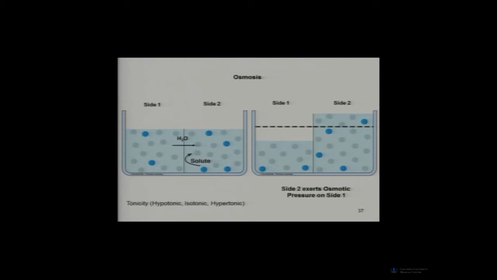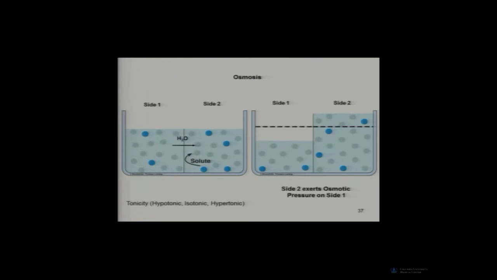No osmotic pressure. The dark blue circles are impermeable to the membrane, so they can't evenly distribute. So now you have two compartments with different concentrations. That's not gonna fly.